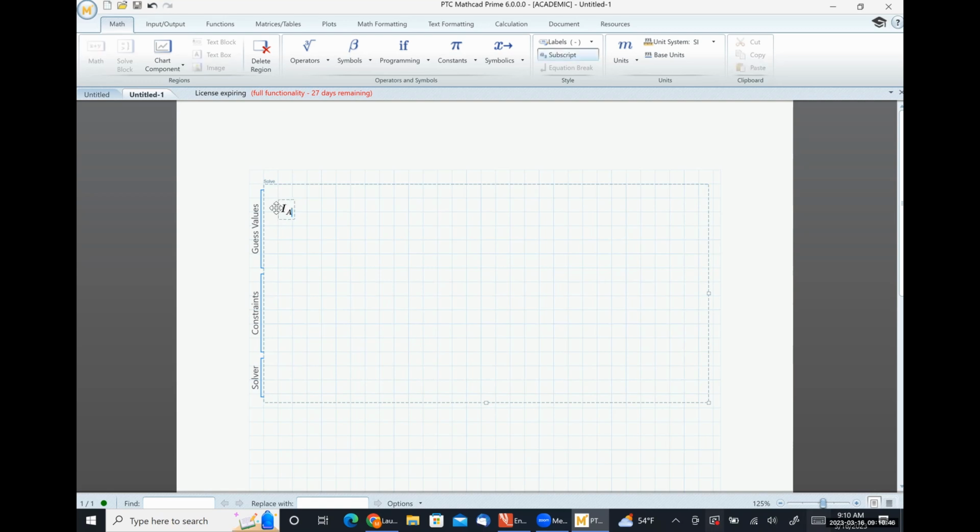So IA will be equal to 1 angle, oops, didn't hit control.